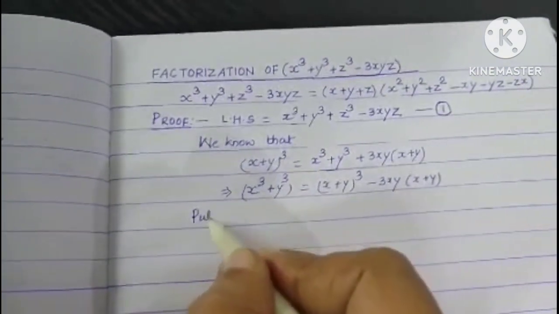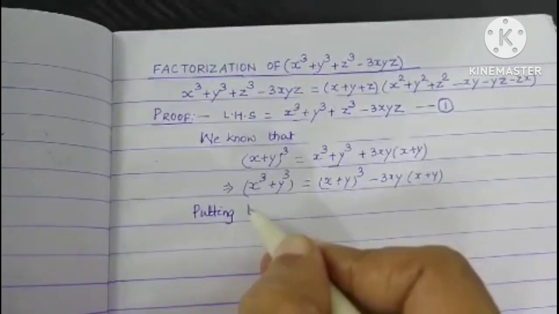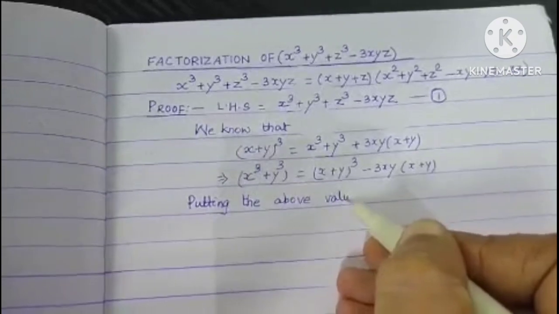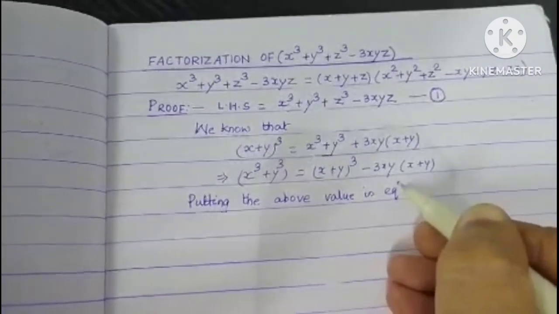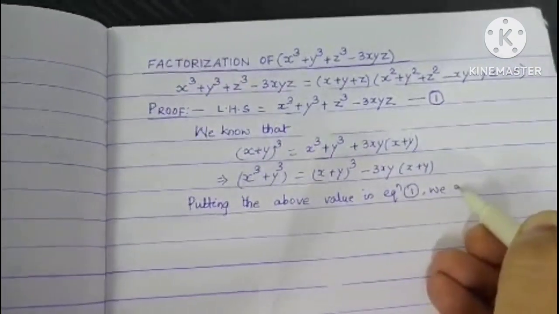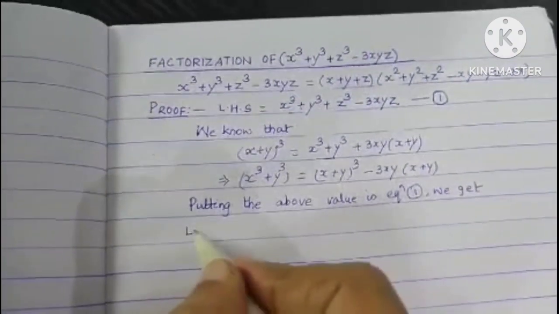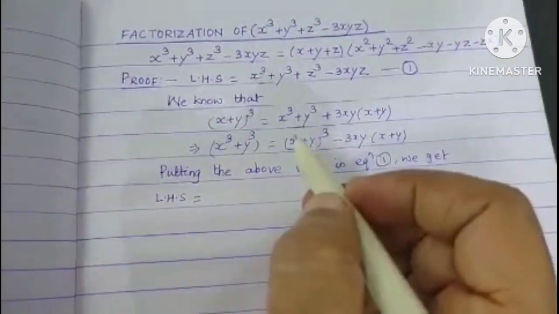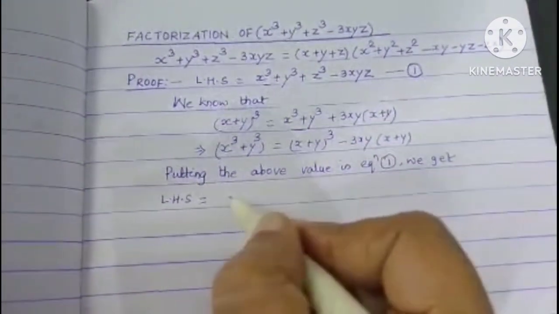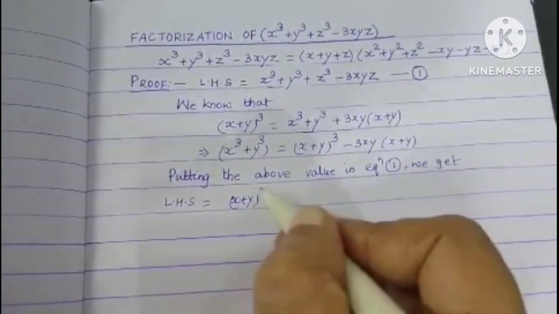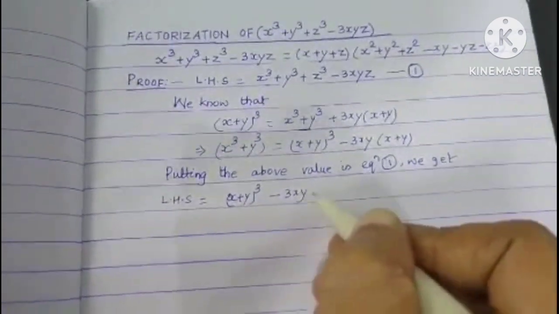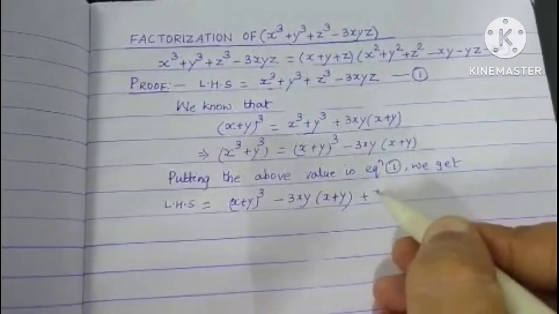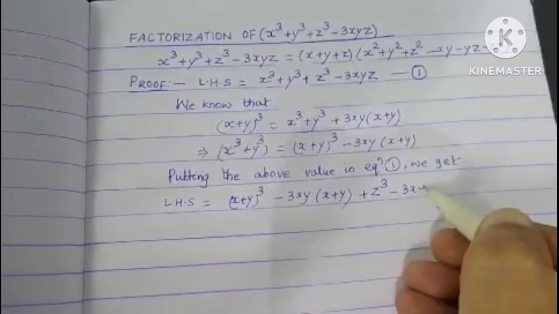Now putting the above value in equation 1, what we get? We get LHS is equal to x cube plus y cube, so this one, x plus y whole cube minus 3xy multiplied by x plus y, plus z cube minus 3xyz.